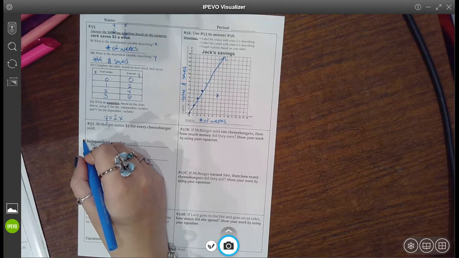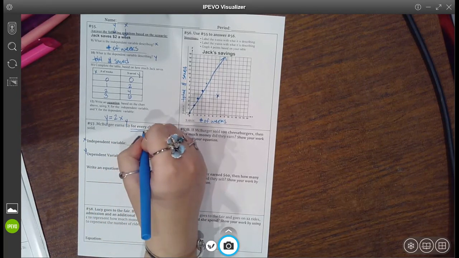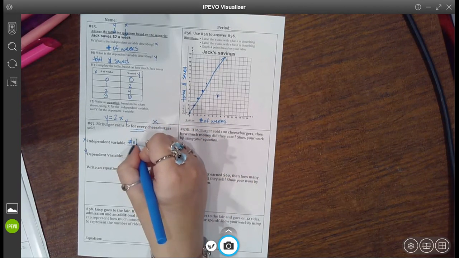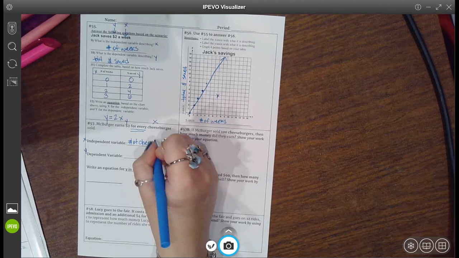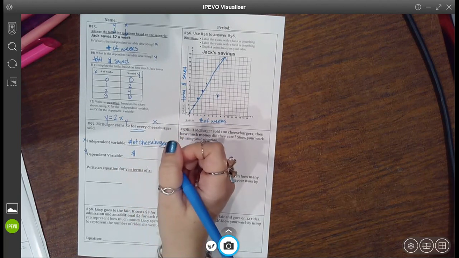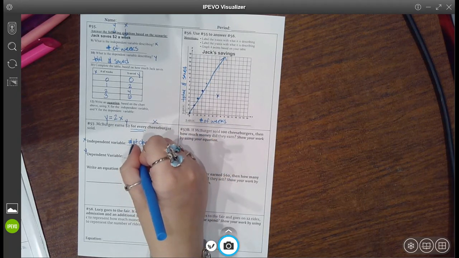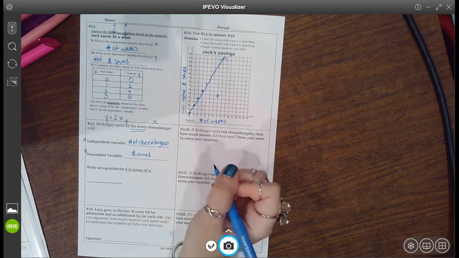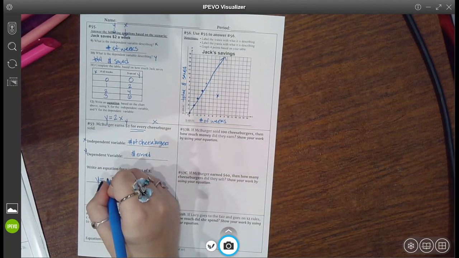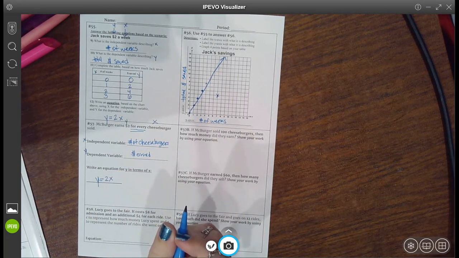It depends upon what I did to the X. And it's Y for every X. So X is the number of cheeseburgers and Y is the money. Not $2, but like how much McBurger is earning. Okay, so my equation would be y equals the rate of 2 times x, and there's no constant. Done.